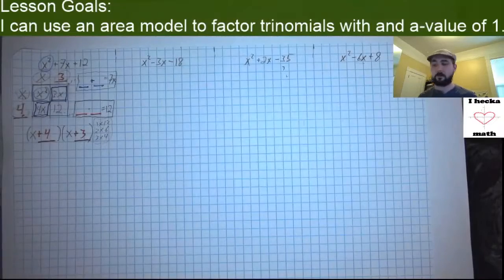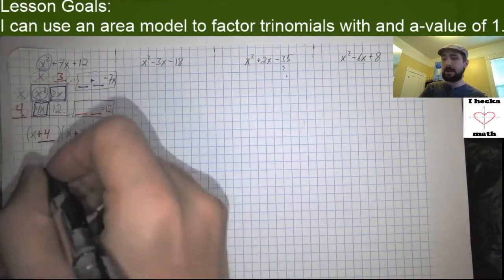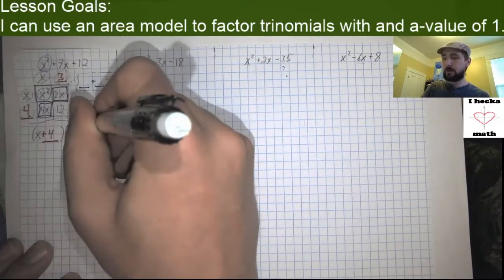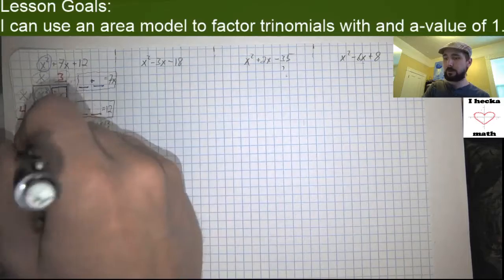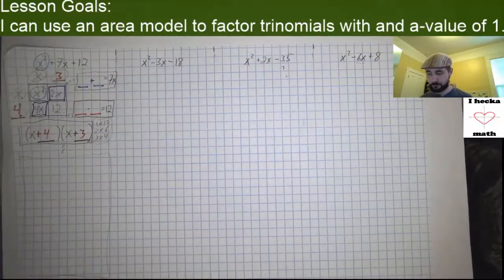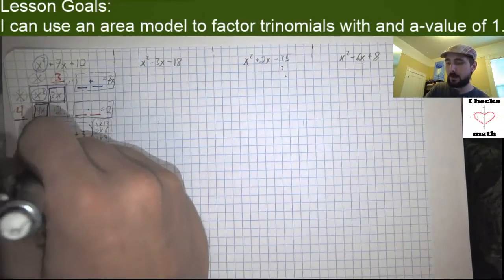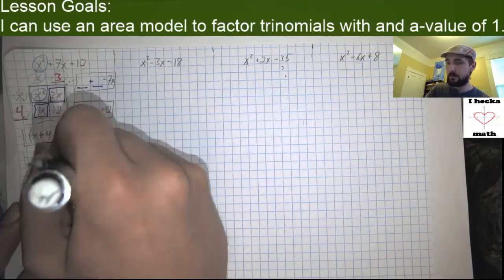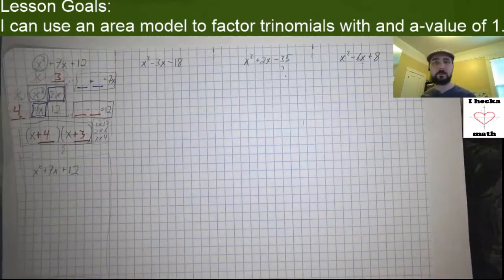And that's it. Okay, so I want us to recap the big ideas to get to our final answer of x plus 4 and x plus 3 for this first example. So let's do some recapping. We started out with x squared plus 7x plus 12, right?